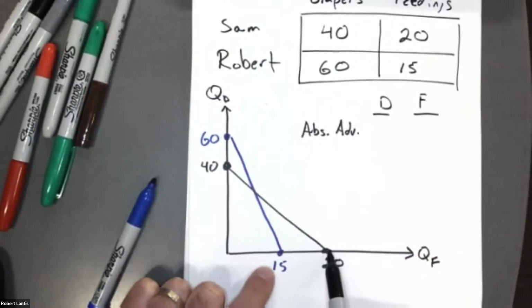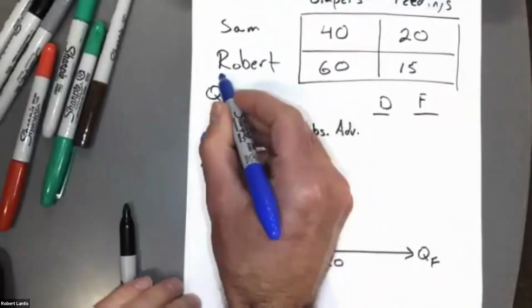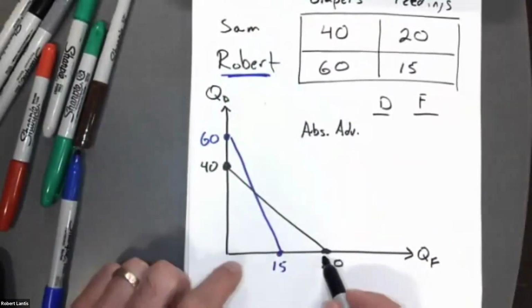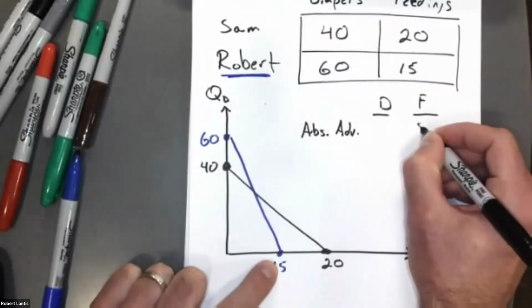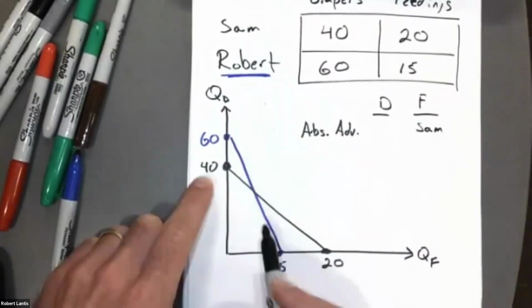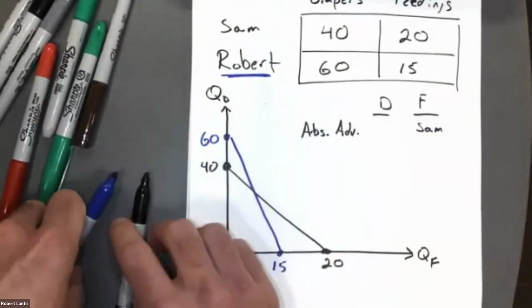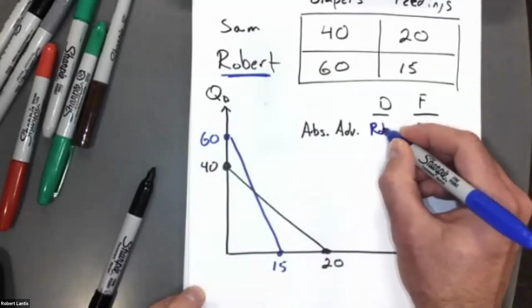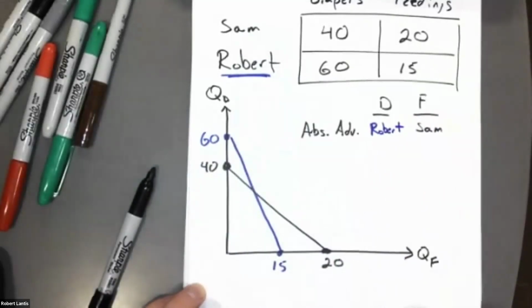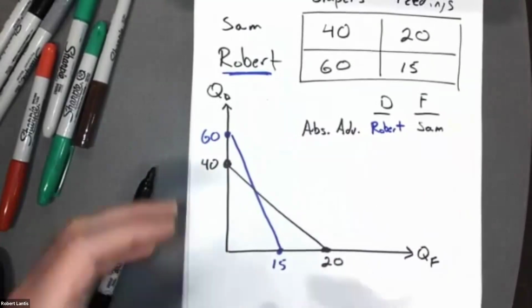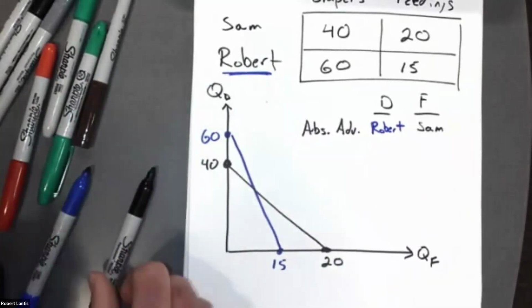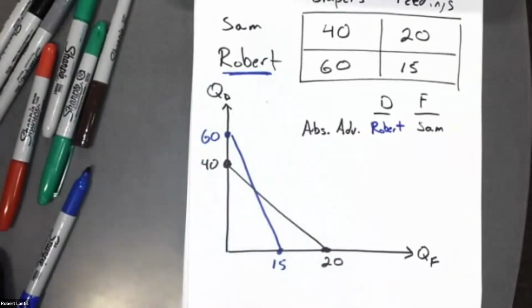Well, who, using all the resources, can produce more? Remember, Robert is blue here. So that would be Sam, who can feed more. Who can change more diapers if they're using all the resources? That would be me, Robert.